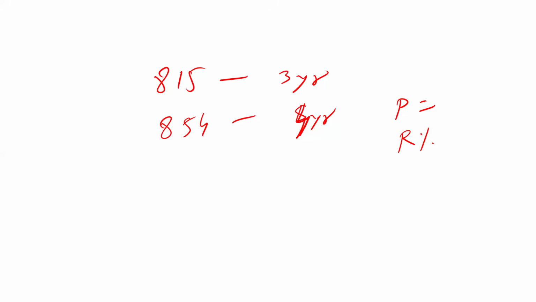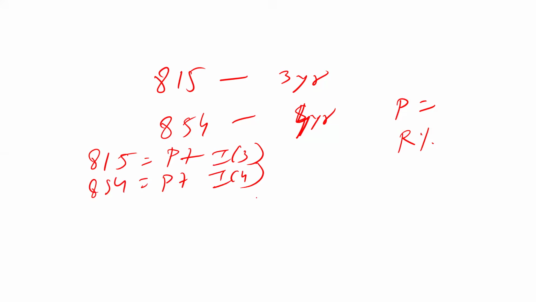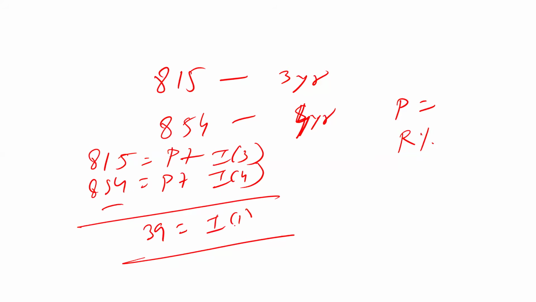No. See guys, 815 includes principal plus interest for 3 years. 854 includes principal plus interest for 4 years. Take the difference. 39 is the interest for 1 year. If interest for 1 year is 39, how to find principal?